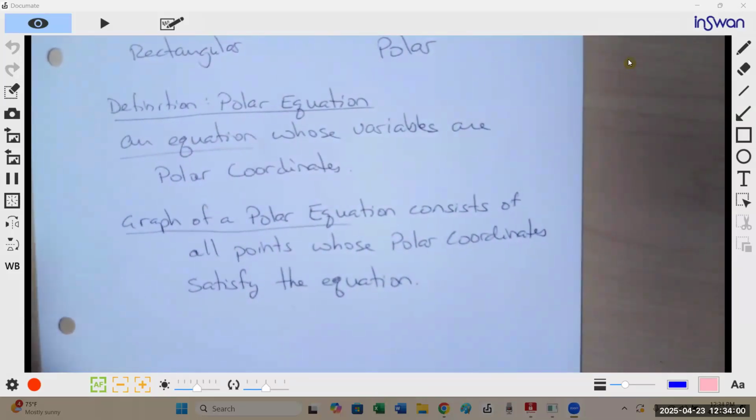One method of doing this is converting from polar to rectangular, because we're used to drawing and graphing rectangular coordinate systems already. So that's one possibility we can go through.